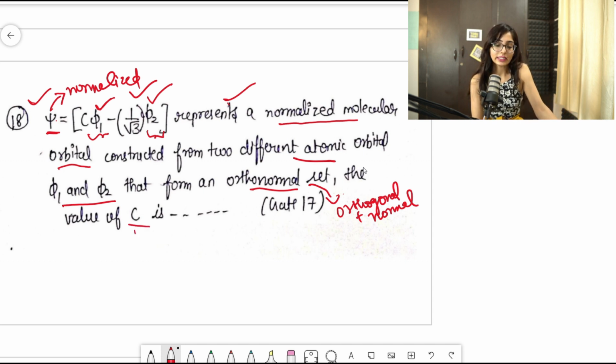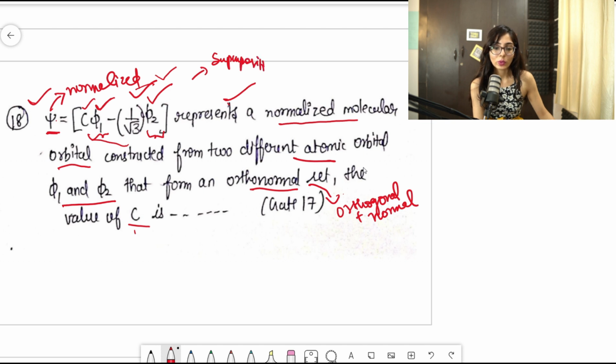You need to find what the value of C is. It is already given in the question that psi is normalized. I have been laying emphasis on this: whenever psi is normalized and it is a sum or subtraction of orbitals, it belongs to a superposition principle question.